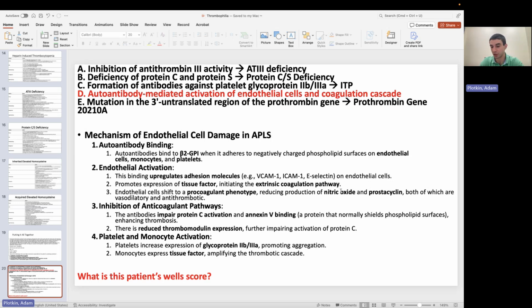It reduces the production of nitric oxide and prostacyclin, which are both vasodilatory and antithrombotic. This whole process also impairs protein C activation, which we know is really important to stop the clotting cascade. And then there's reduced thrombomodulin expression, which further impairs the activation of protein C.